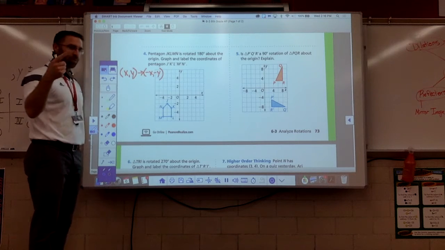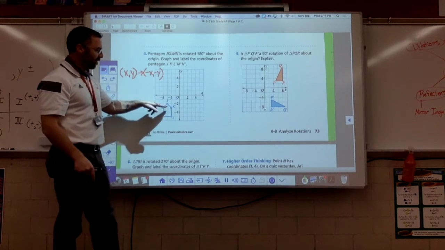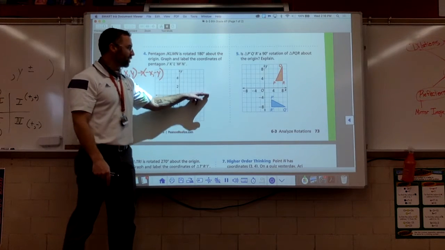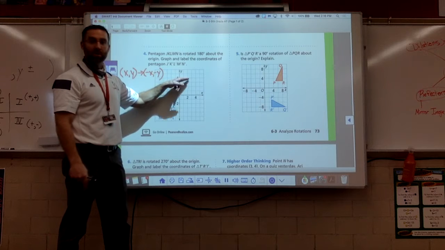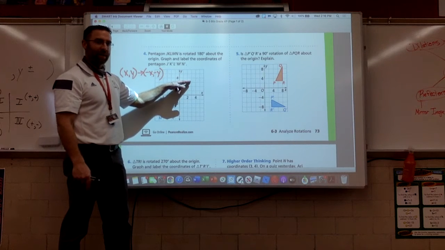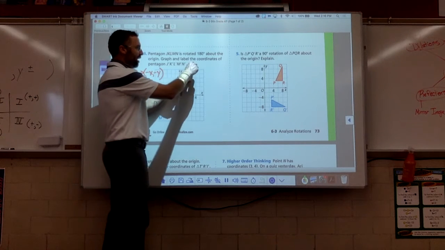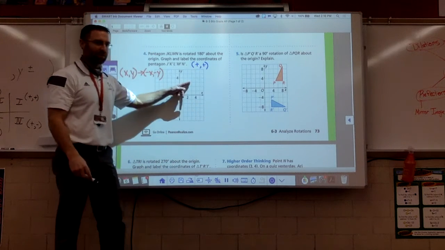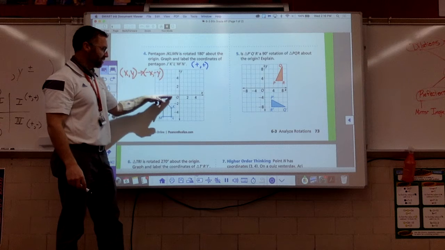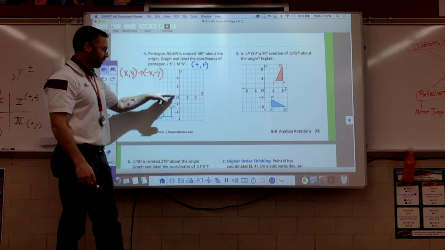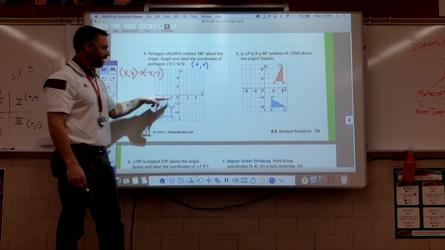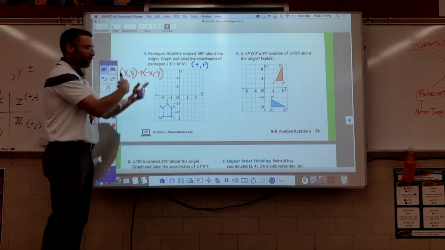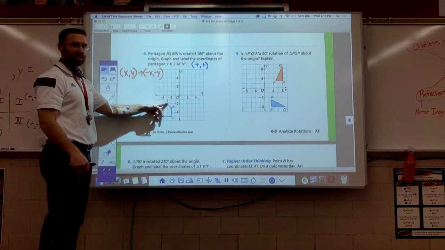The other way we can think about this is, we're in quadrant 3 right now. 180 degrees would take us into quadrant number 1. I know in quadrant 1, every point is going to have a positive x value, positive y value. So these points are going to turn from a negative negative into a positive positive. We don't have to put it in a tumble machine and flip them around. It's just take the opposite of these points.